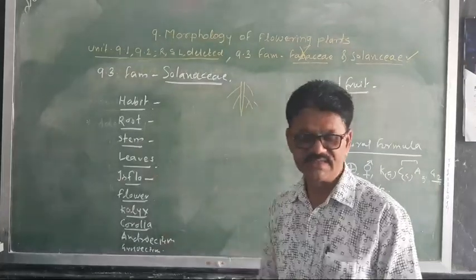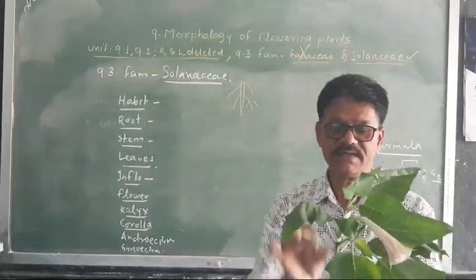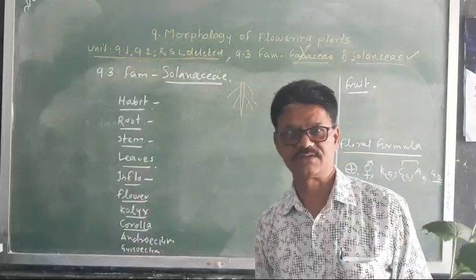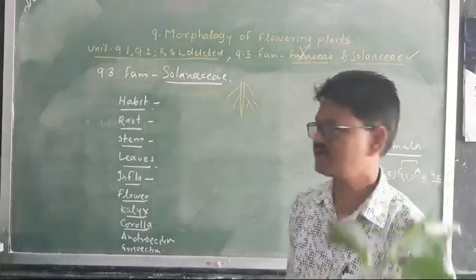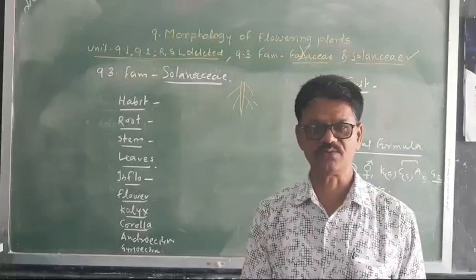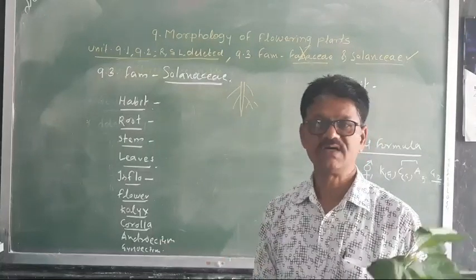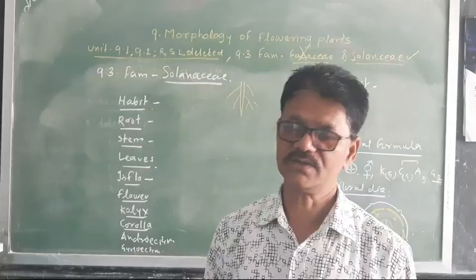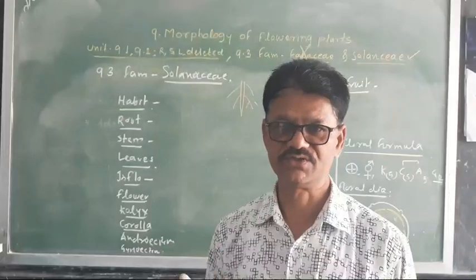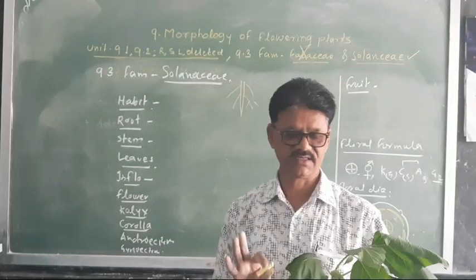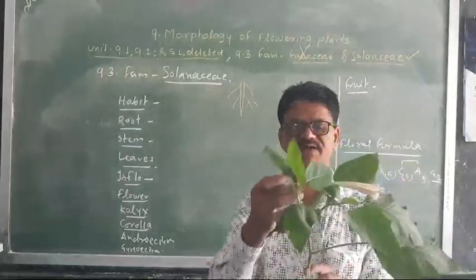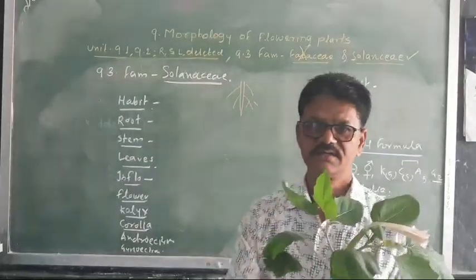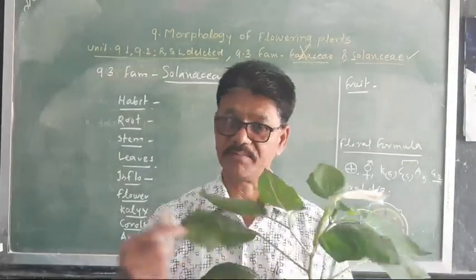The stem is aerial, erect, branched. But one example, the potato, has an underground stem. It is called the potato tuber or stem tuber. It is an exceptional case. Otherwise, the stem is aerial and branched.